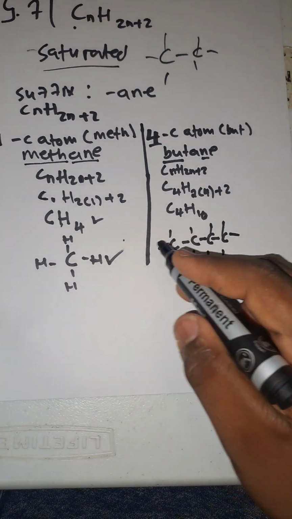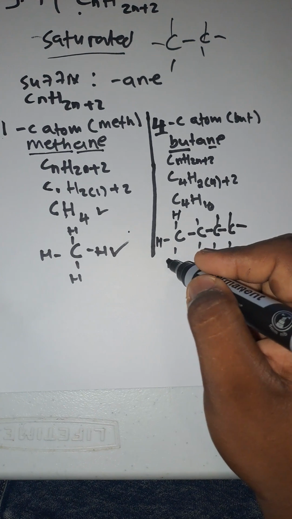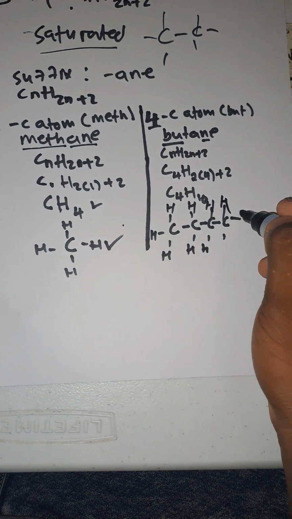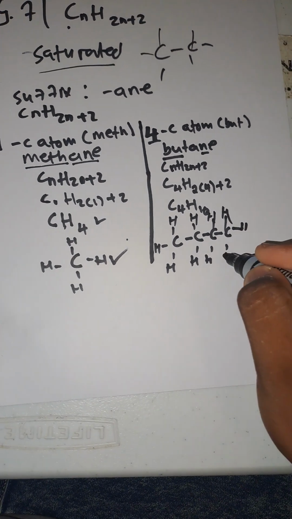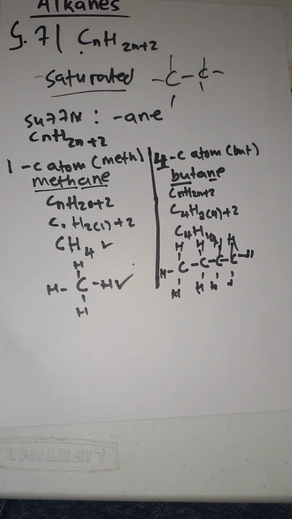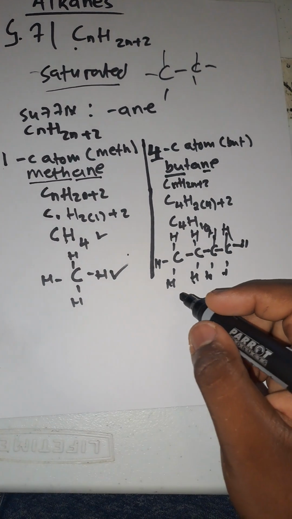So as you can see, each and every carbon has 4 bonds. So this is where you're going to write your hydrogens. And I have 1, 2, 3, 4, 5, 6, 7, 8, 9, 10. That's how it is, guys.